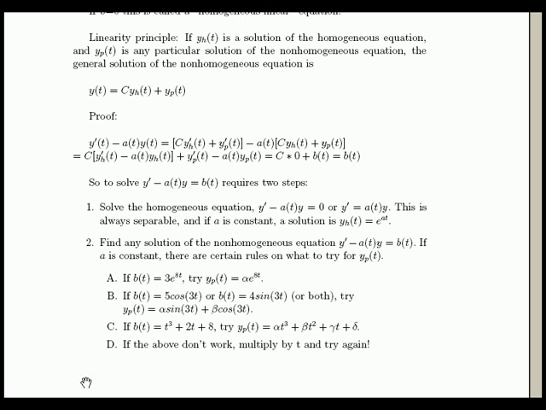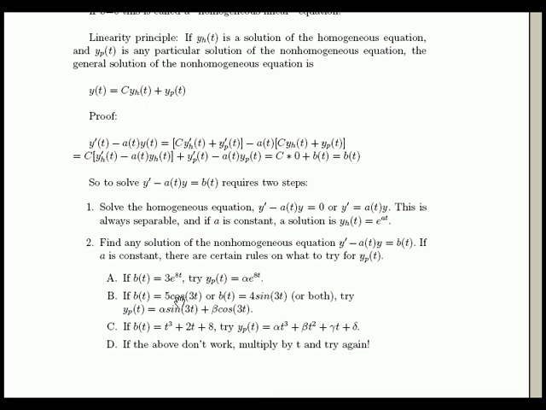So let's look at some examples. Review again the 2 steps. Find the homogeneous solution, which is easy, especially if A is constant. It's separable, and really easy if A is constant. And then the non-homogeneous equation solution, you have to either get lucky or try the right thing. If the right thing is e to the 6t, you try alpha e to the 6t.